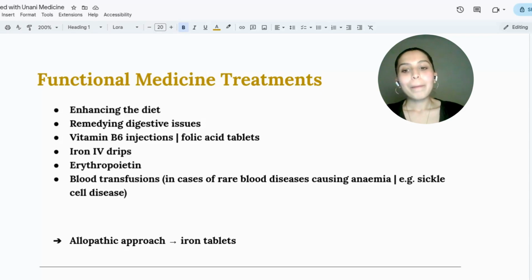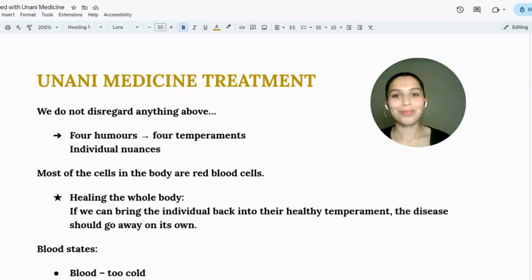And lastly, blood transfusions, and this is usually the case of quite dire or extreme cases. And usually for something called sickle cell disease, which is a disease relating to the bone marrow, where the bone marrow itself cannot create enough red blood cells, and this tends to be a genetic condition.